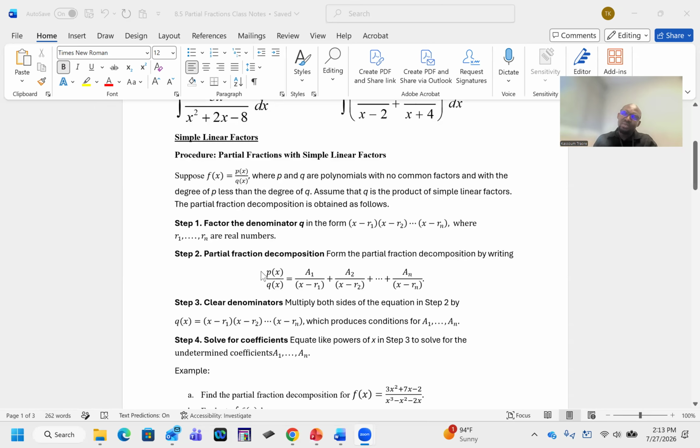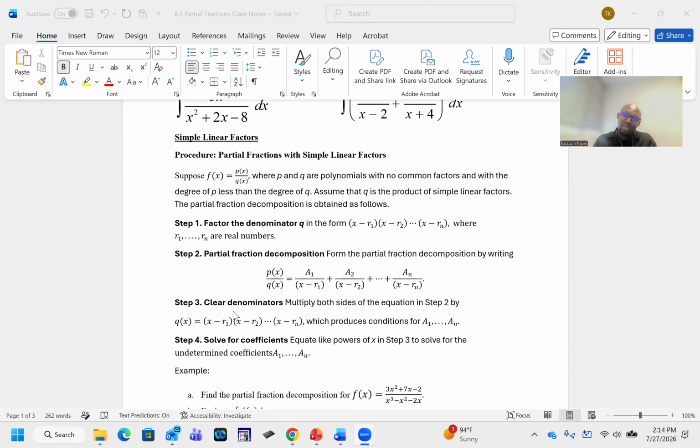Then step 2, partial fraction decomposition. Now form a partial fraction decomposition by writing p of x divided by q of x as a1 divided by x minus r1 plus a2 divided by x minus r2 plus so on up to an divided by x minus rn.